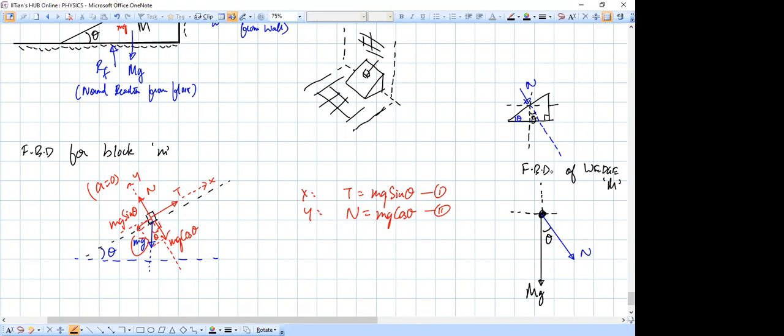Okay. And of course, the wall is applying a reactionary force like this, and the floor is applying a reactionary force like this.